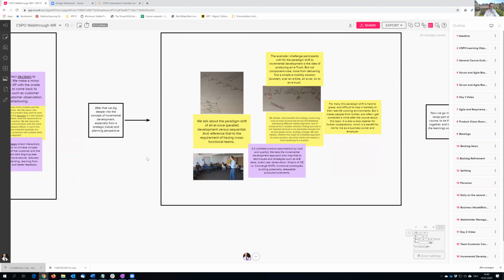We then dig a little bit deeper into the concept of incremental development. I challenge the participants a little bit with this concept of an e-truck, like electrical vehicles. The concept I use here is that we start off with a scooter, then an e-bike, then an e-car, and then an e-truck in the end.